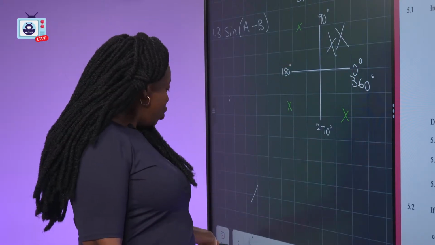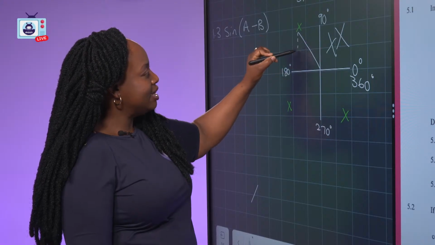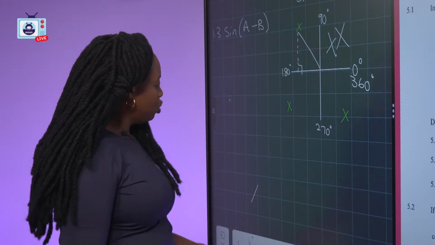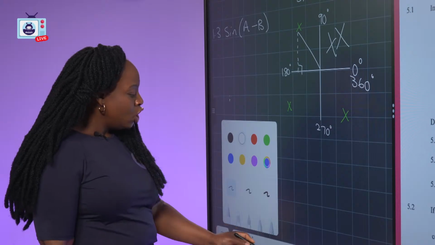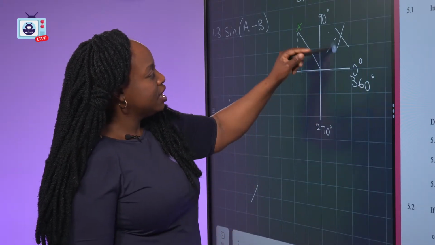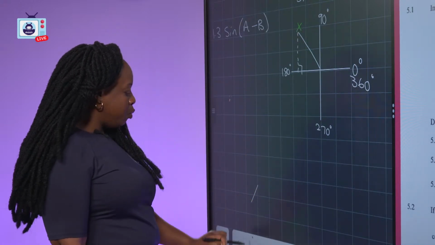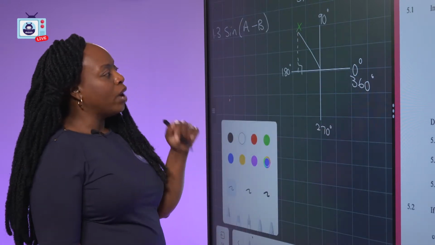So we are only going to draw our right angled triangle on the second quadrant, but not on the first, third, and fourth. So that's how you describe what it is that you are going to draw and where you are going to draw it.